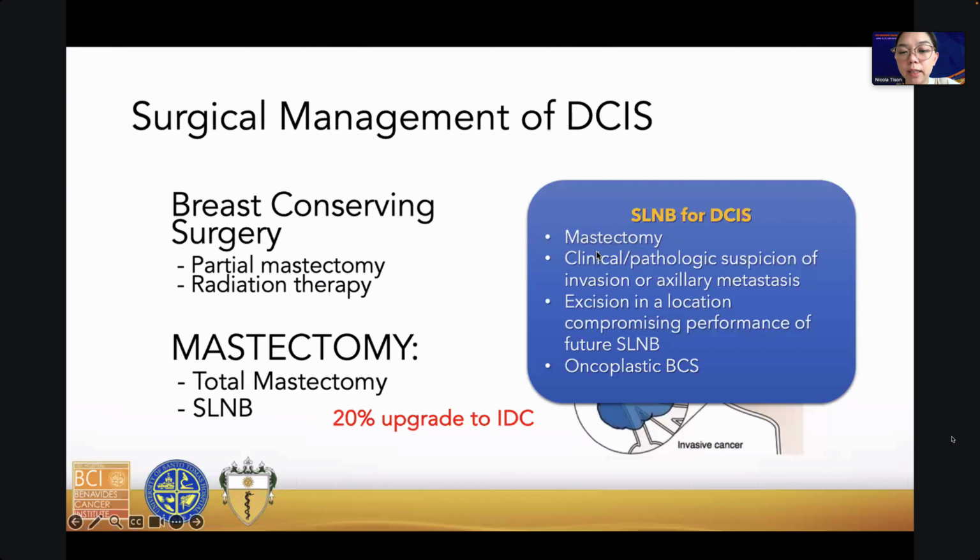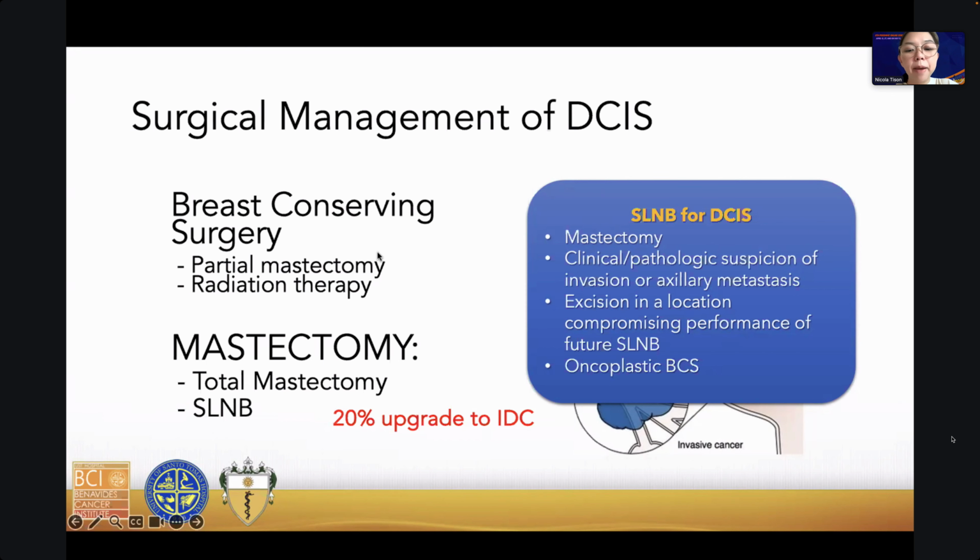As I mentioned, mastectomy. When we have clinical or pathologic suspicion of invasion or axillary metastasis, for example, your core needle biopsy turned out to be DCIS with an area suspicious for microinvasion. Or if on your breast imaging, you had suspicious lymph nodes, although biopsy proven benign, then we may consider SLNB.